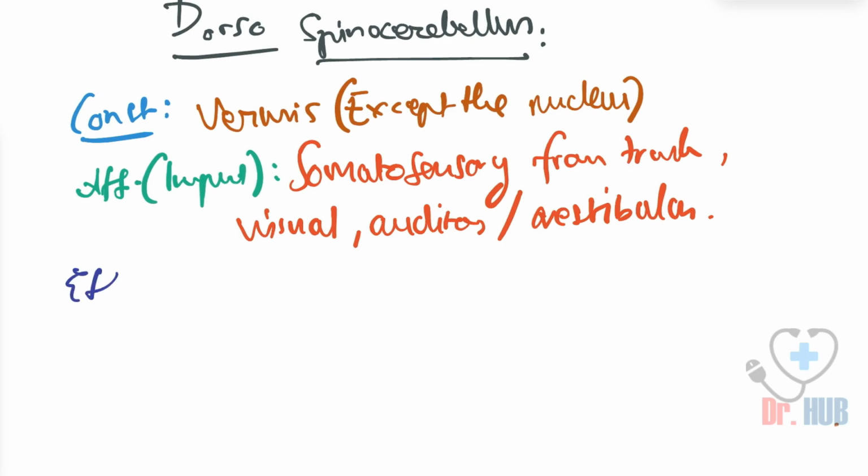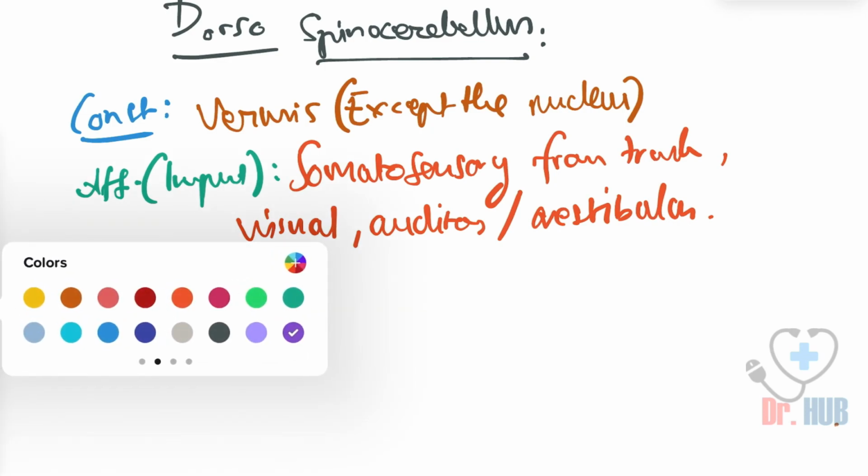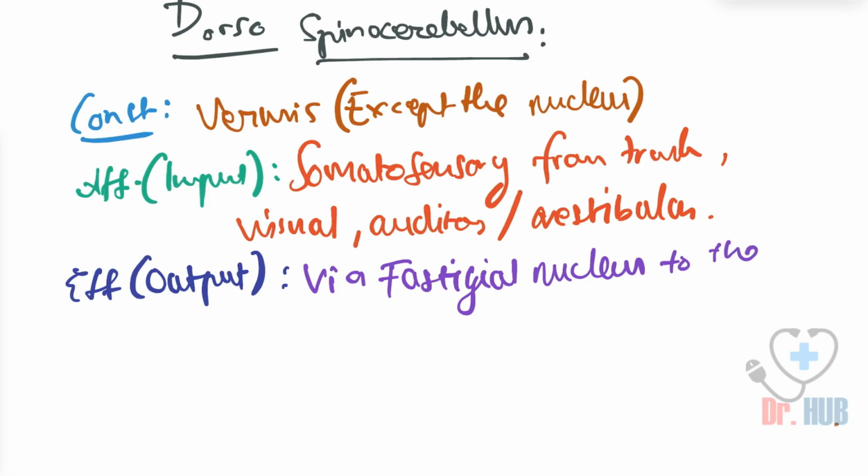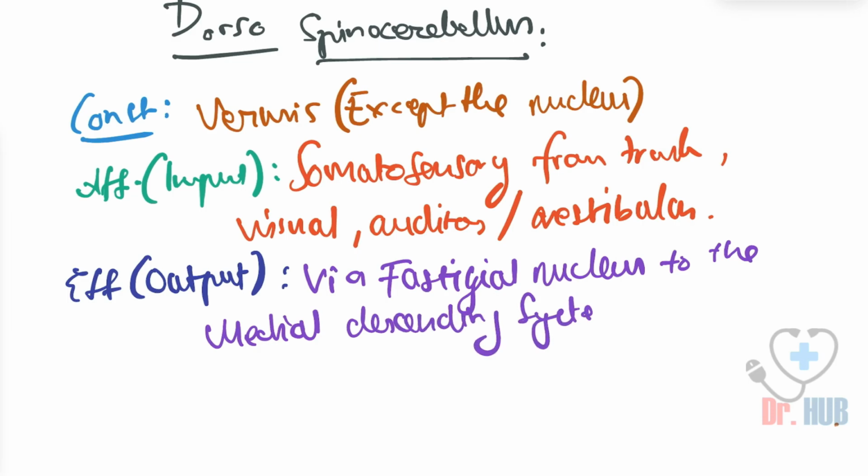Then we move on to the efferent. Efferent is also known as the output. This is from the fastigial nucleus to the medial descending system.